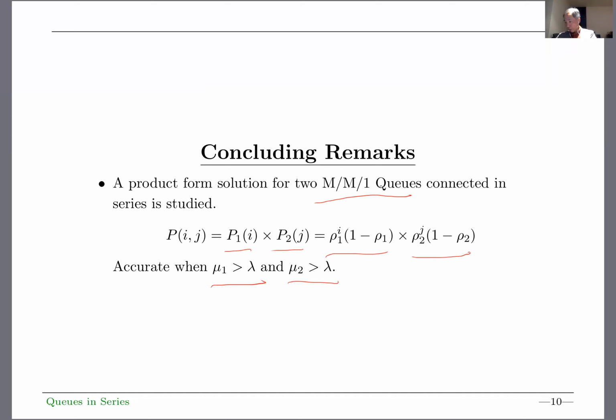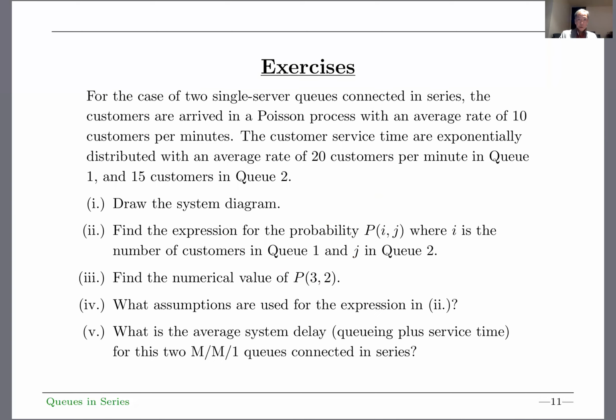So with that, we go to the final exercise, which I propose for you. In this case, you have lambda equal to 10 customers per minute, okay? And mu1 is 20 customers per minute, and mu2 is 15.